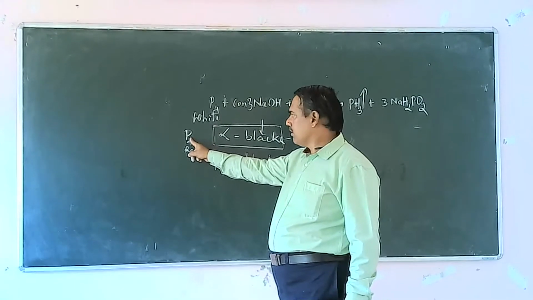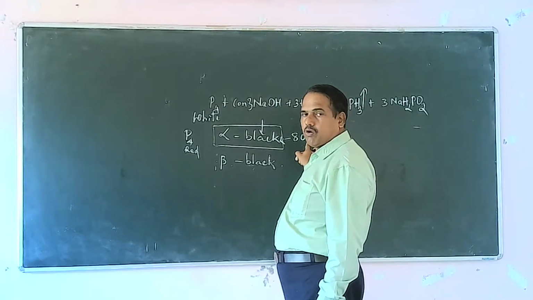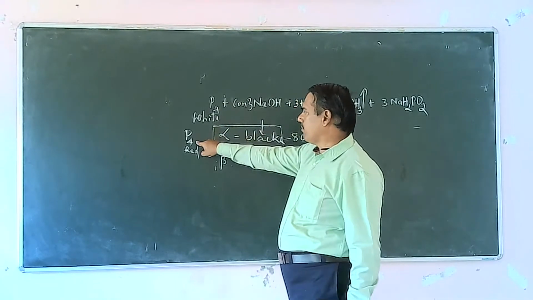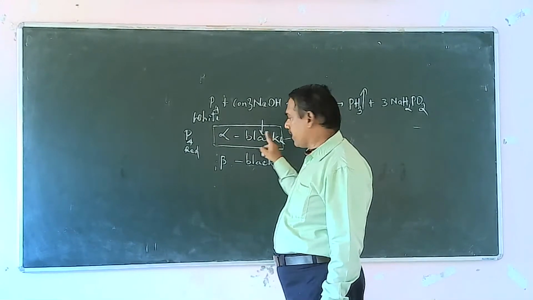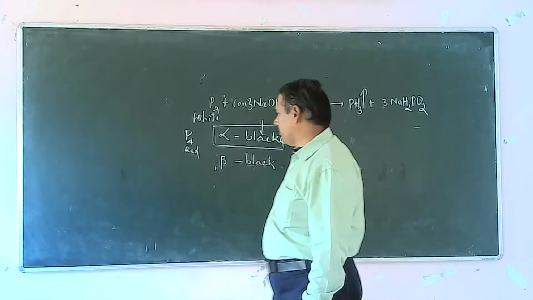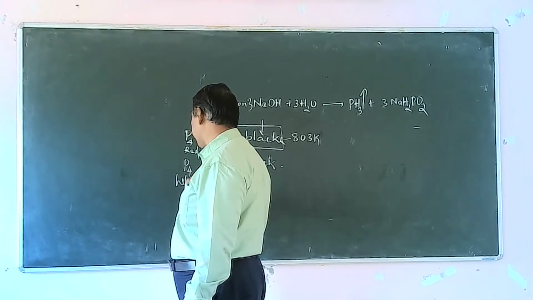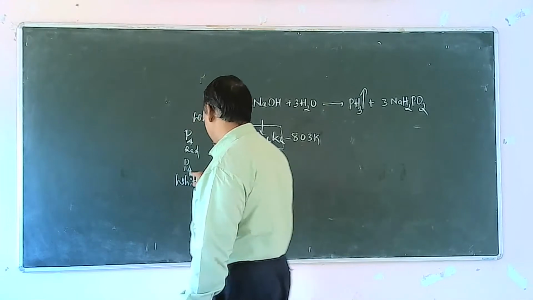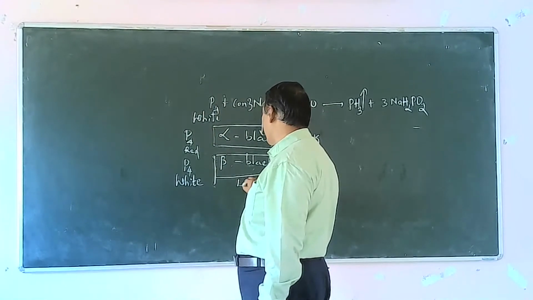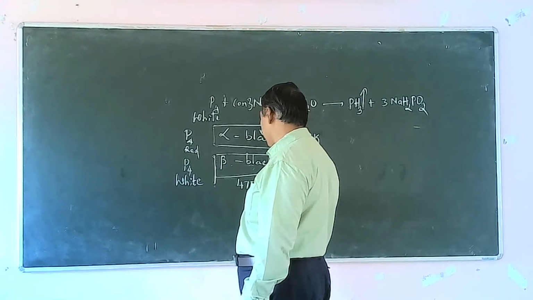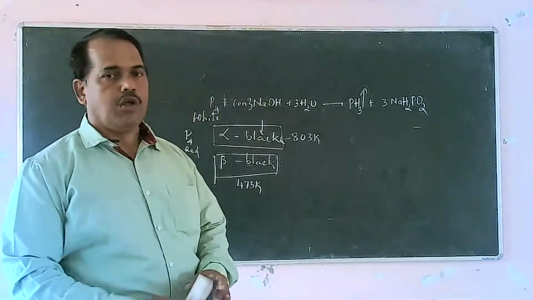When red phosphorus is heated at nearly 803 Kelvin temperature, it gets converted into alpha black phosphorus. And beta black phosphorus is obtained by heating white phosphorus at nearly 473 Kelvin temperature.